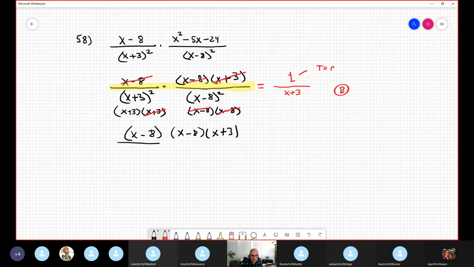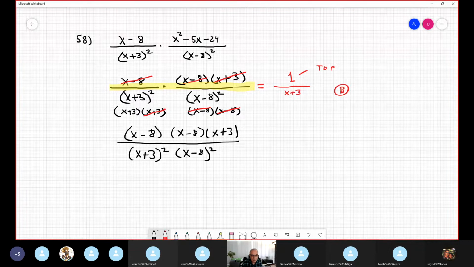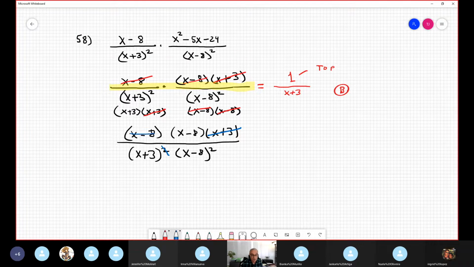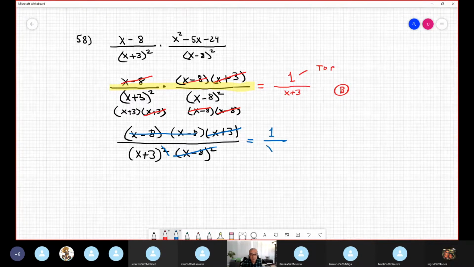And one entire fraction. X plus 3 squared, and x minus a squared. And you can see that this guy is canceled with only 1 here. And this together is canceled with this, because it's 2. Final answer is 1 over x plus 3. End of the story.